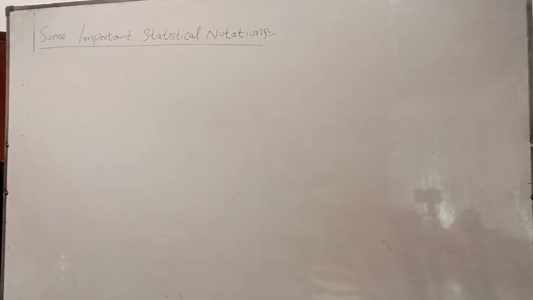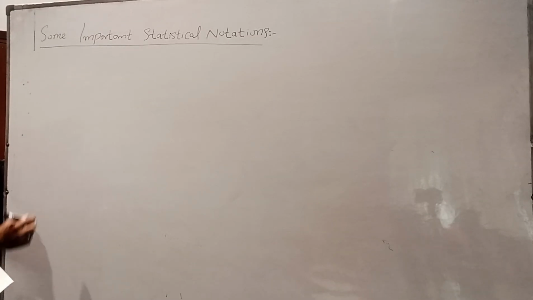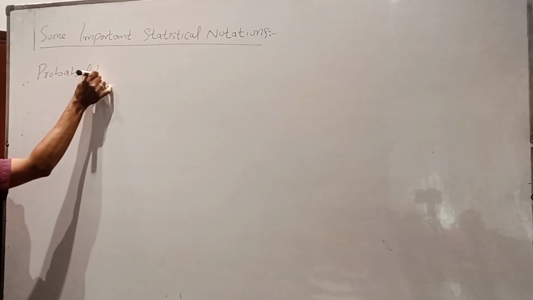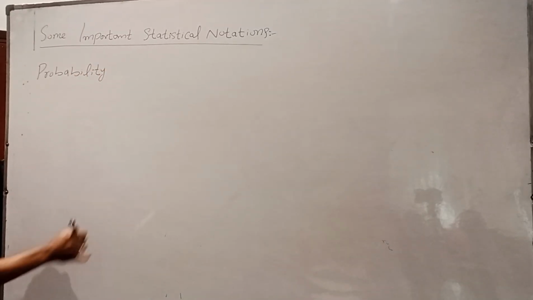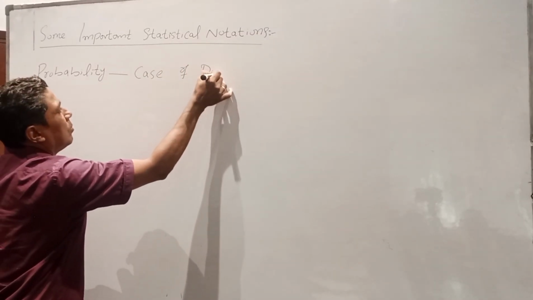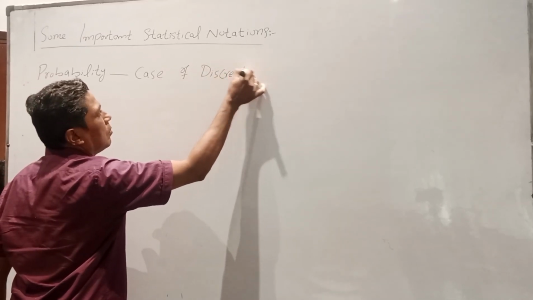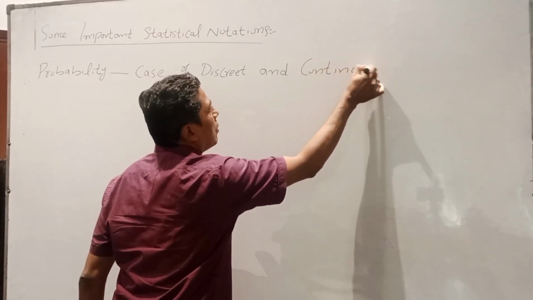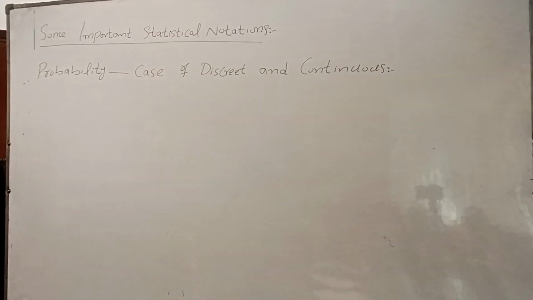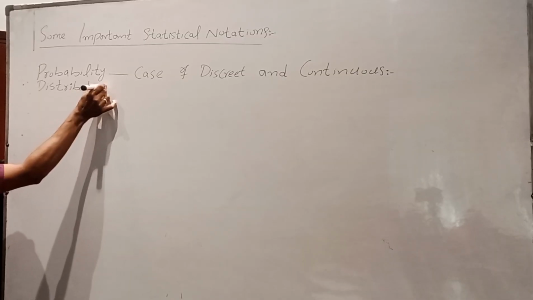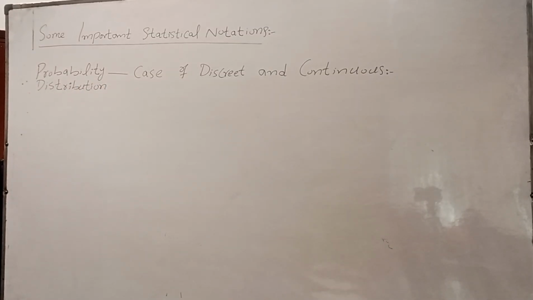For example, probability distribution, in case of discrete and continuous.